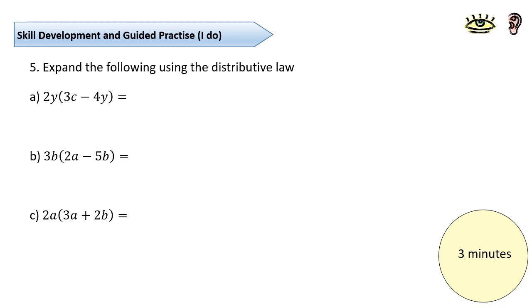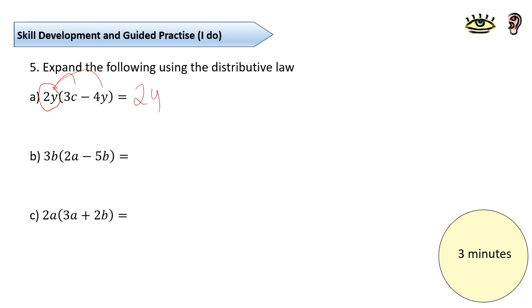Now we can keep getting trickier and trickier because our rule is still the same. We follow these steps again and again and again. The step is we multiply the term or the number at the front by everything inside. Okay, let's have a go at this first one.